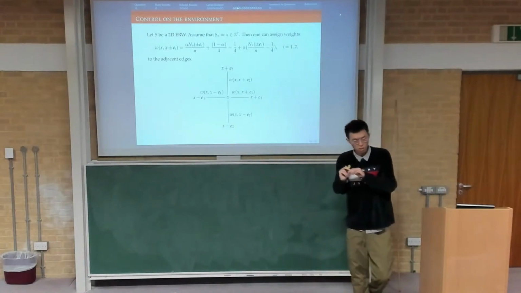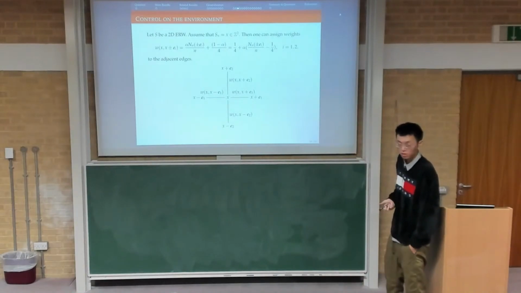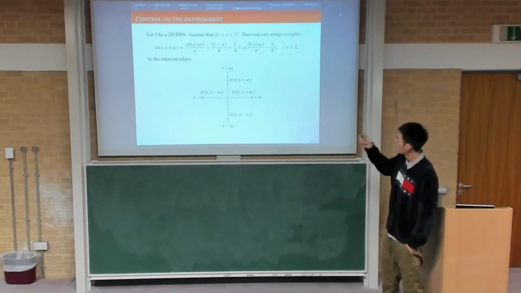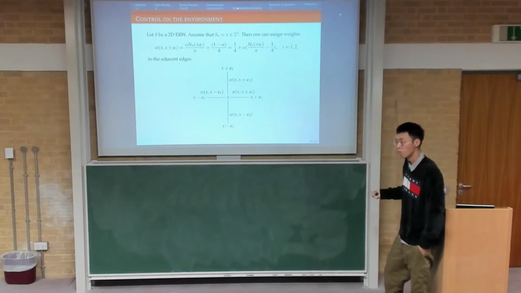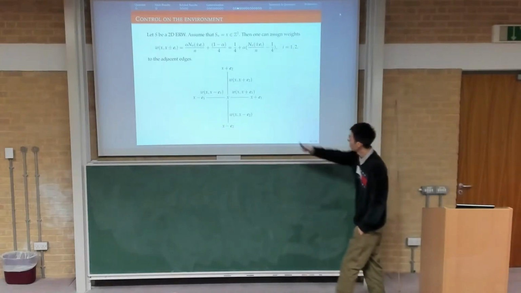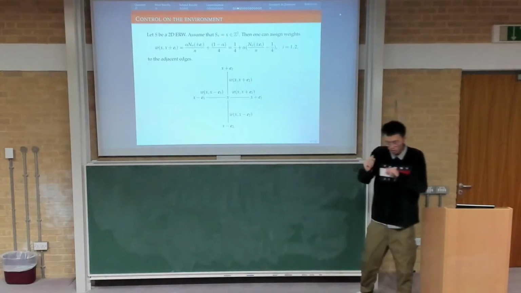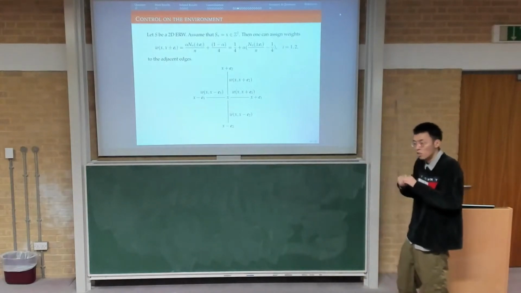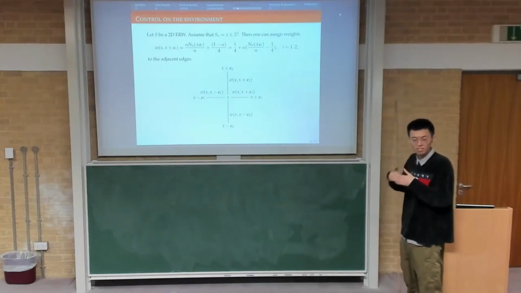Then for the next step you choose one of the 4 directions. One can just assign weights to the corresponding edges by using the corresponding jump probabilities. So this is the jump probability. Then we update this environment, essentially the local environment, at each time step.